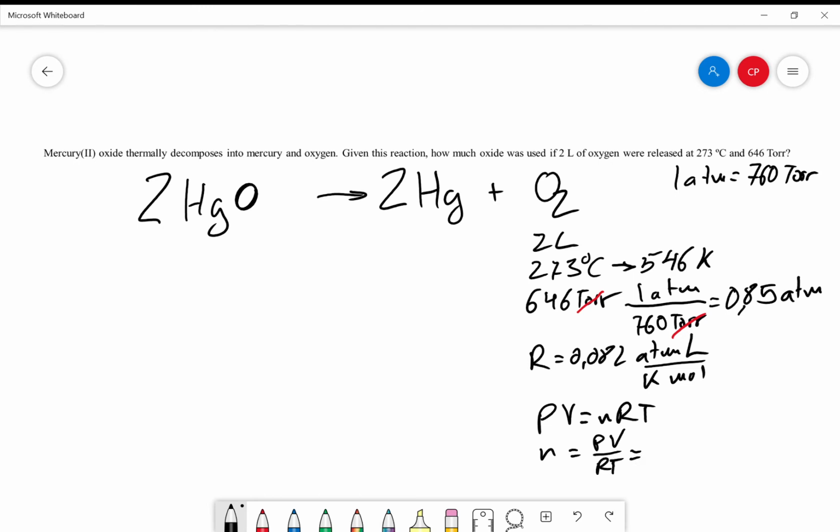Therefore, that will be the pressure, 0.85, multiplied by the volume, that is 2 liters, and that divided by R, 0.082, multiplied by 546.